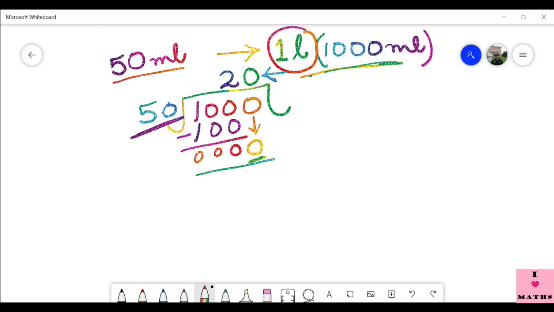You can actually do this activity with the help of a 1 liter bottle if you have a 1 liter bottle at home, and if you have bottles of different capacities like 50 milliliter or 100 milliliter or 200 milliliter. So you can actually fill them up with water and then pour them in the 1 liter bottle and see whether your calculation is right or not.